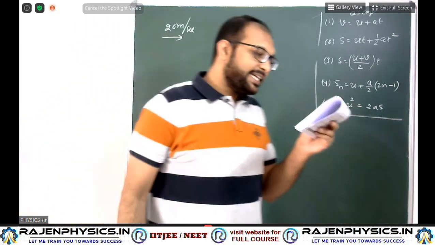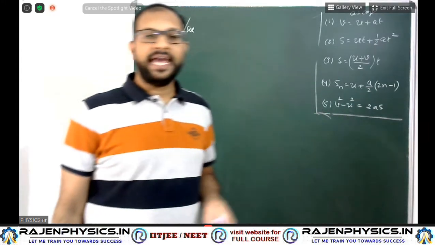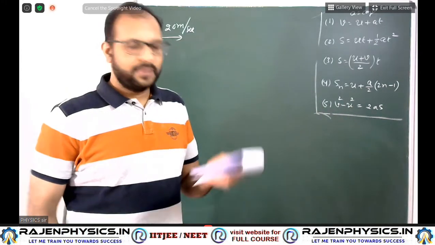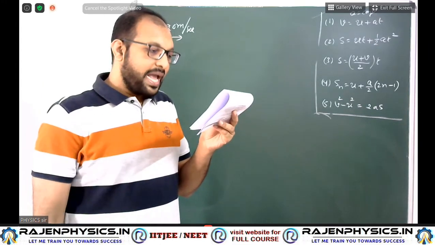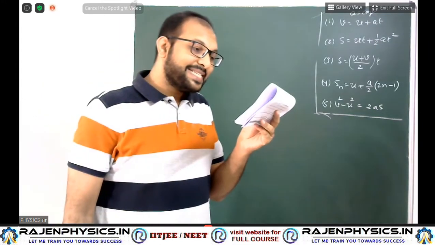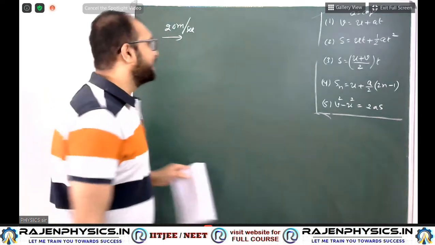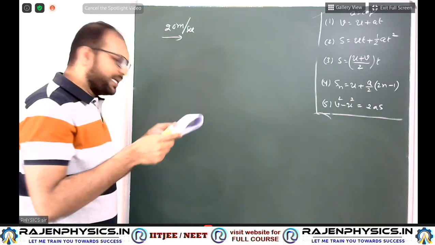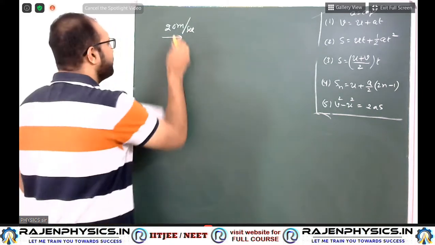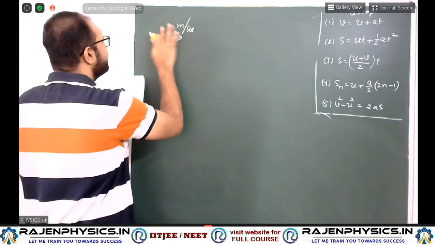The jeep follows it at a constant speed of 90 kmph, crossing the turning 10 seconds later than the bike. Here the problem is completely in kilometer per hour only, so you need not convert this.